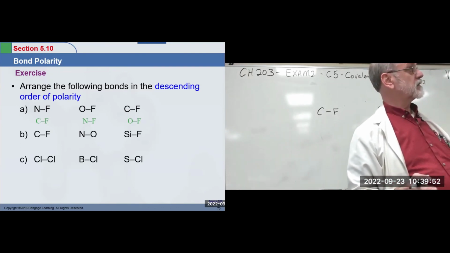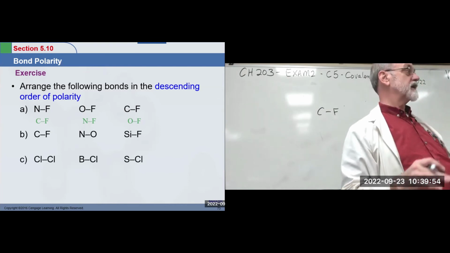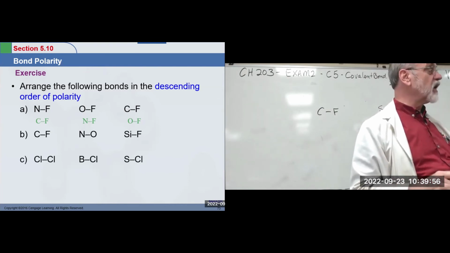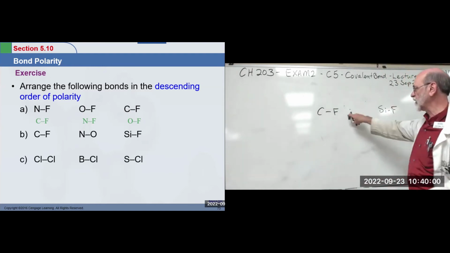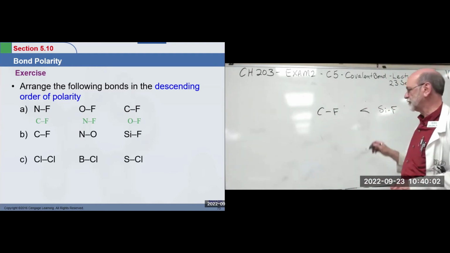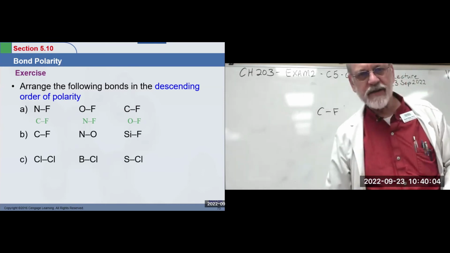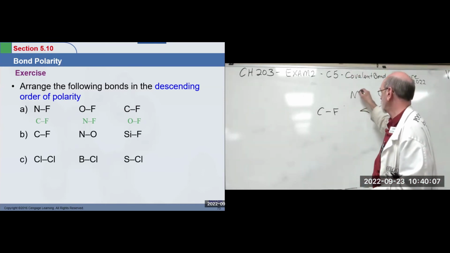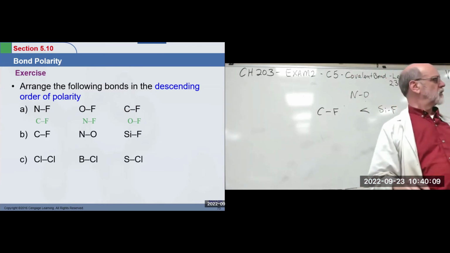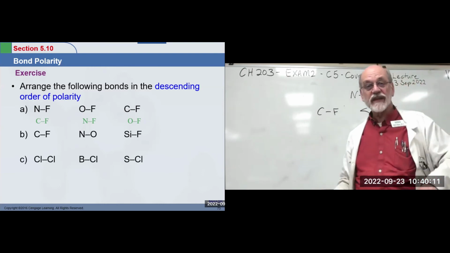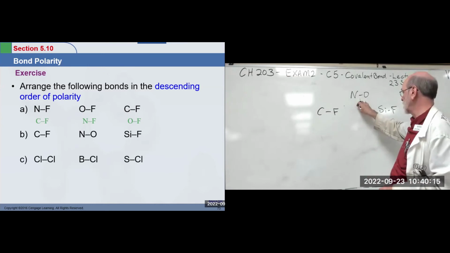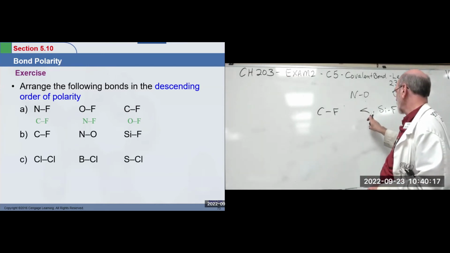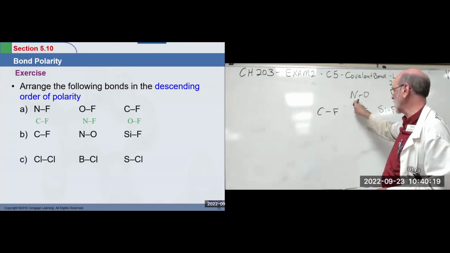Carbon and fluorine, silicon is below carbon, so it's going to be more polar. This one's going to be more polar than that one. Now, where does nitrogen and oxygen go? Well, they're right next door to each other, so they're probably the least polar. Descending order. So this will be the last one. This will be first, second, third.